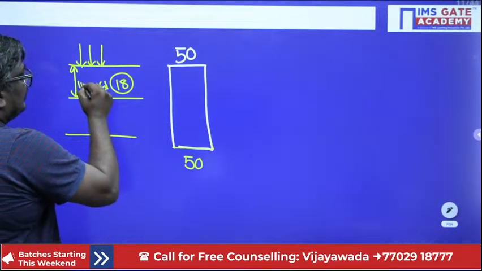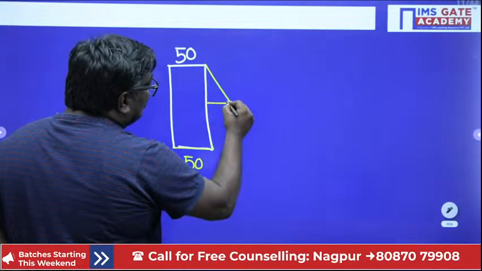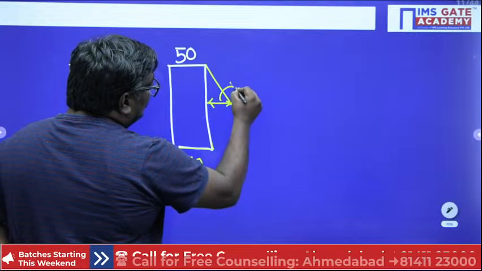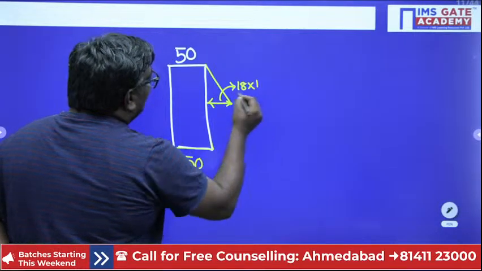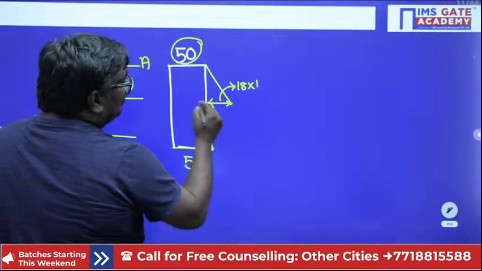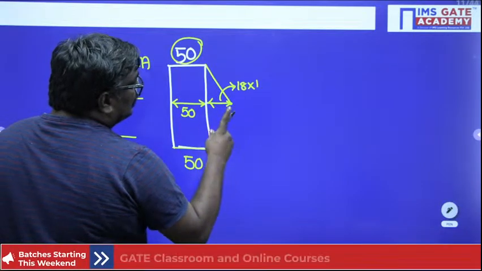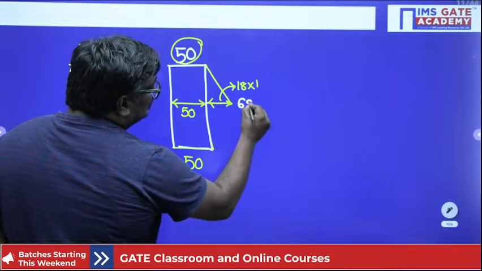So here, my dear students, this will be equal to 18 into 1. So if they ask you at AA plane, it is 50. At here, this value is 50 plus 18, so this value will be equal to 68.